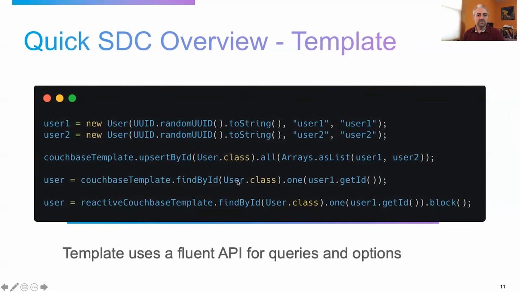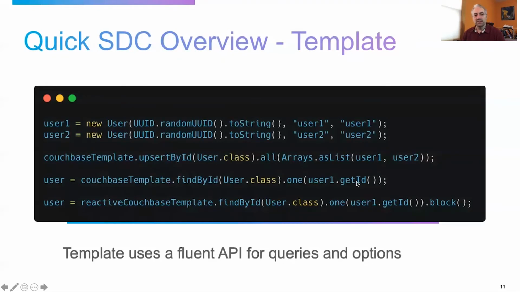I can find one of them, or I use the reactive API to also get one. Here I just put a dot block on the end. You wouldn't normally do that, but just to get the user back here at that point. So I use a fluent type API, so you can see that it just chains one to the other.